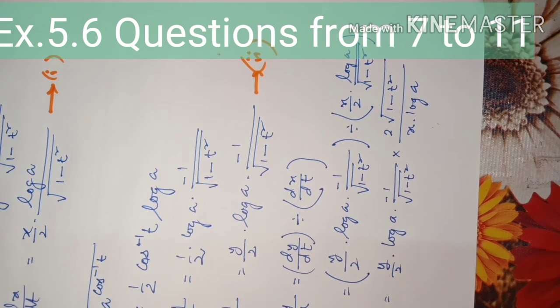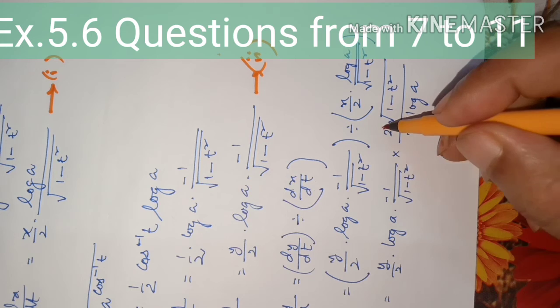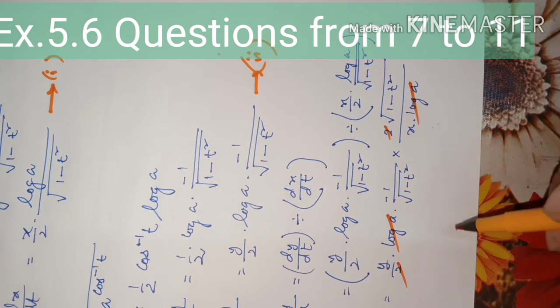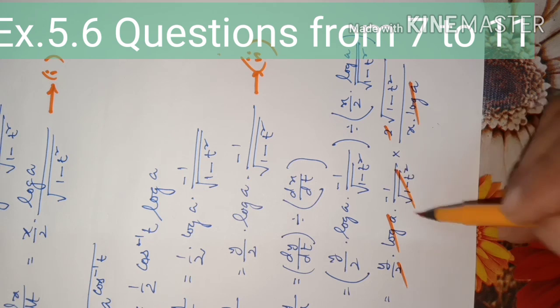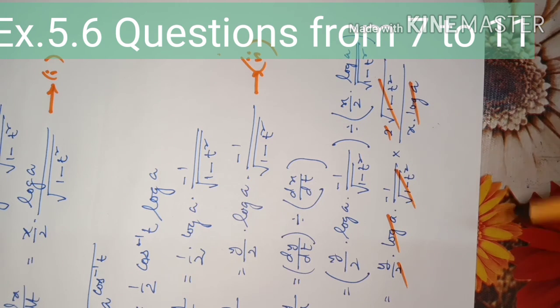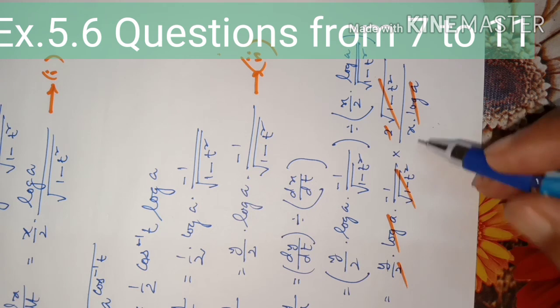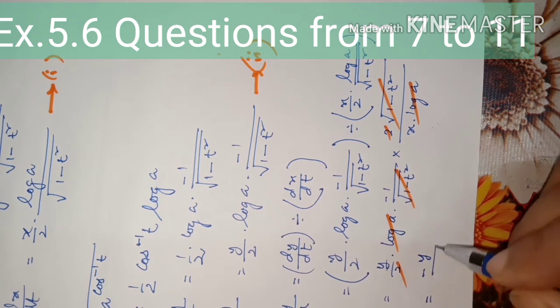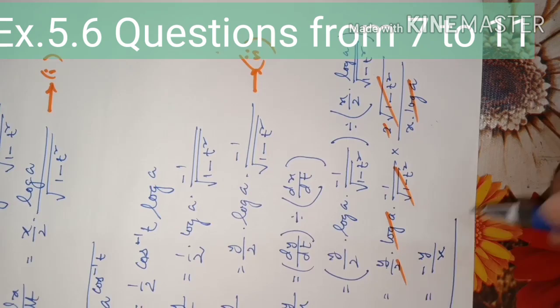It will come down here. So then 2 will get cancelled, log a will get cancelled with log a, under root 1 minus t square will get cancelled with under root 1 minus t square, then the result will be y by x into minus 1, that means minus y by x. This is your final answer. Okay students.